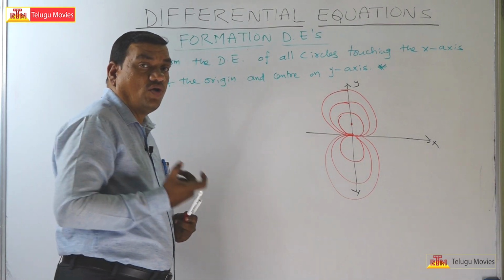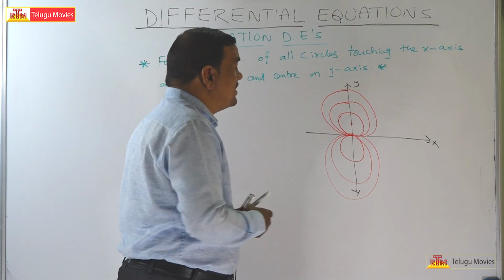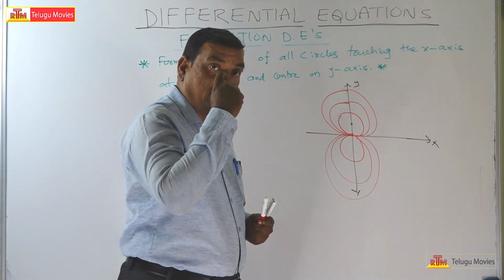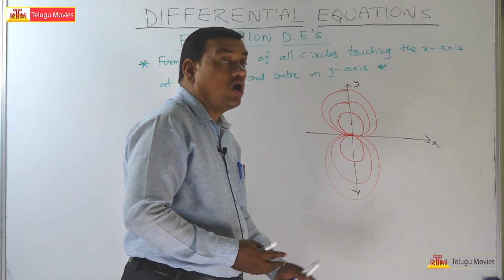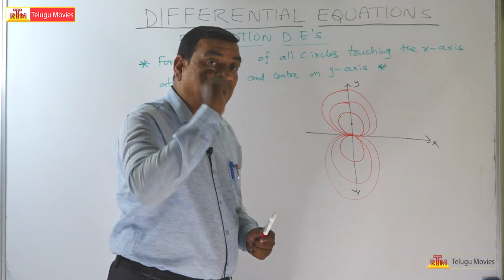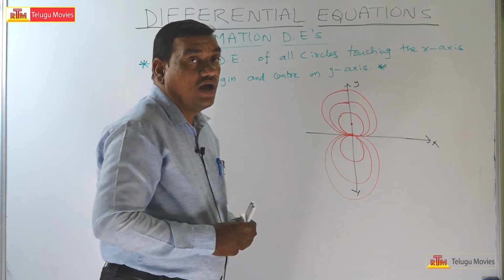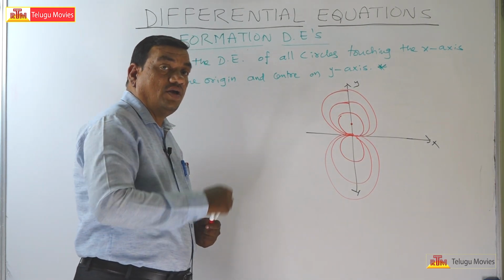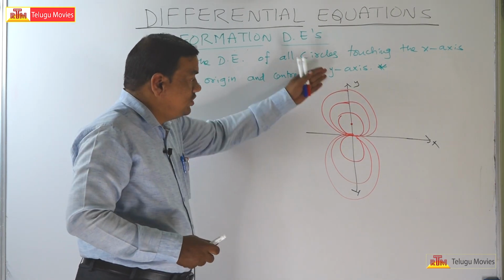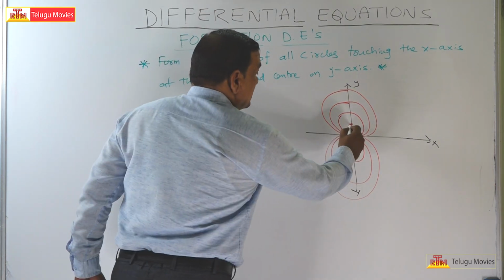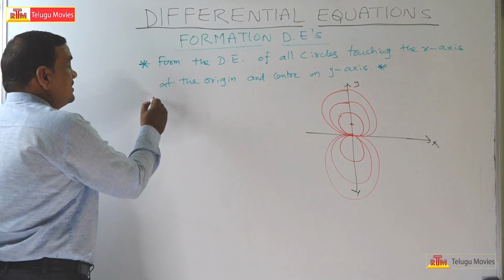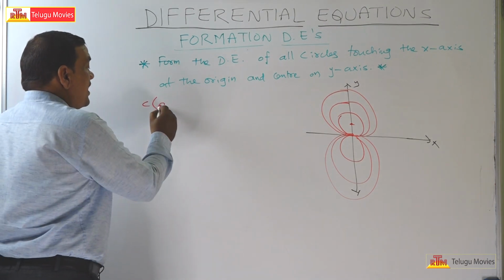First of all, you have to find an equation which generalizes all the circles. You have to find a general equation in which if you substitute different values, you will get the family of circles. So let us say the center is some (a, 0).